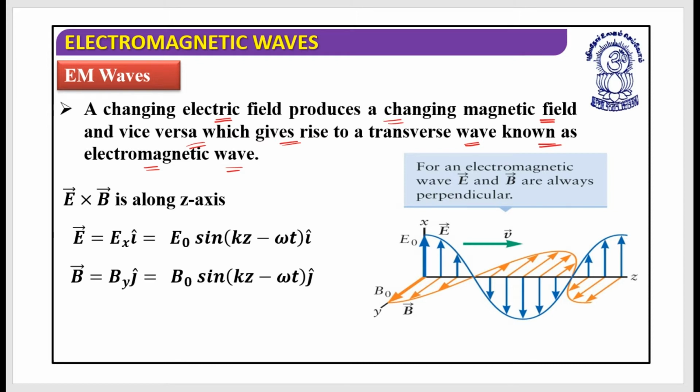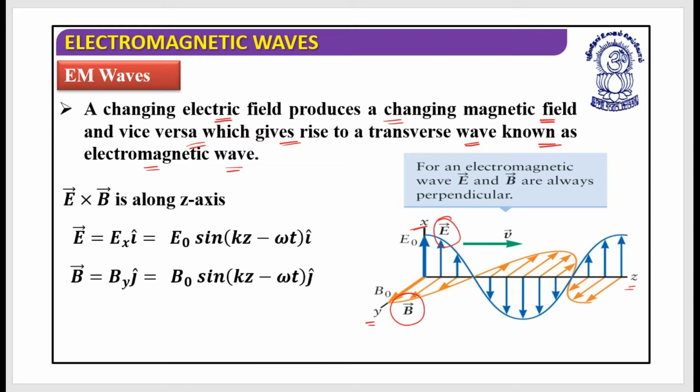You can see this in the diagram. Let's suppose this is the x-axis, this is the y-axis, and this is the z-axis. There are two components: one is of the electric field, another is of the magnetic field, and both components are perpendicular to each other.